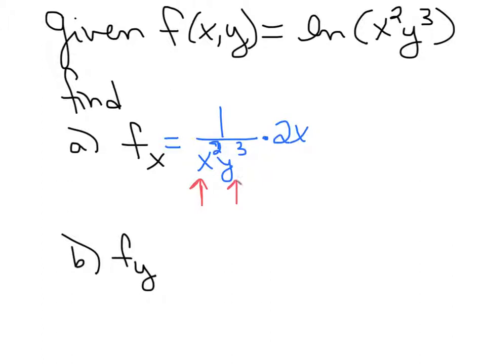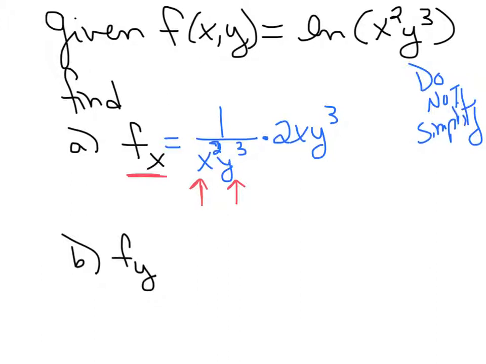The y cubed is a constant because we're working just with the x variable, so the y cubed comes along for the ride. We are not going to simplify, so do not simplify. And then we're done.